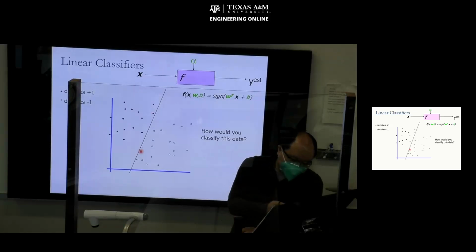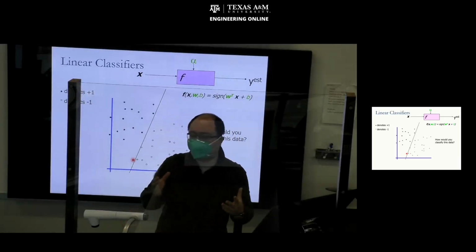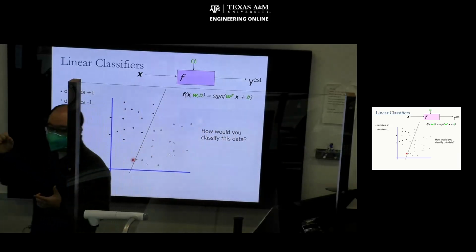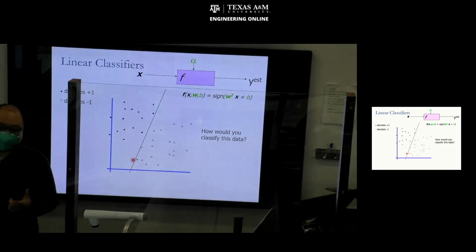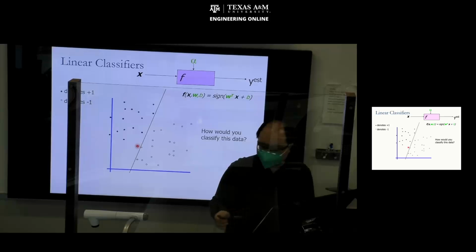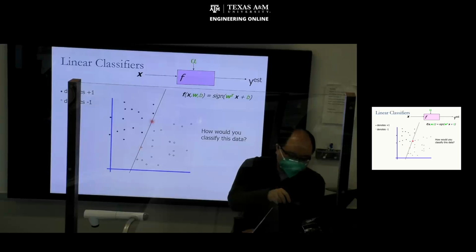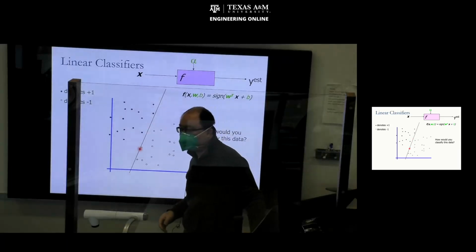For instance, if you have a classifier like this, where this white point is right at the border, now imagine that there is some error or noise in the feature of that white point, or the label of the white point. Then you see that the noise in this single white point is affecting the validity or the optimality of this classifier so much. So you don't want that to happen.